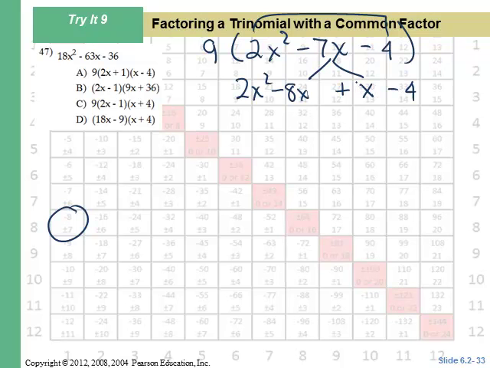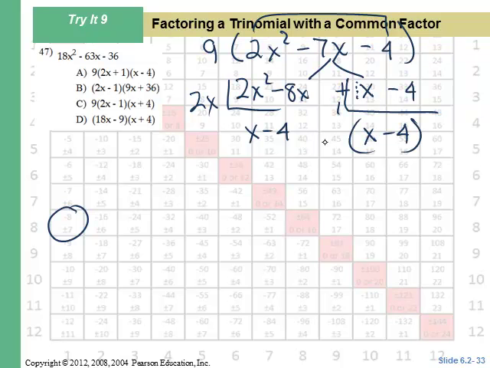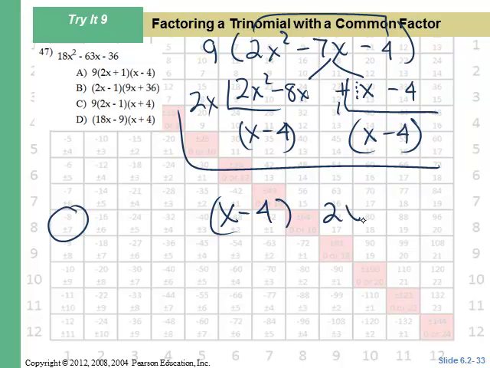Now I could have put the 1 here in front of it, but I don't like to put in that lead coefficient. Factor a 2x out of the first one, so we're left with x minus 4. Factor a 1 out of the second one, so we're left with x minus 4. So we have x minus 4 times 2x plus 1, and don't forget the 9.